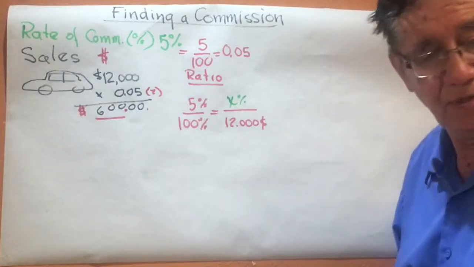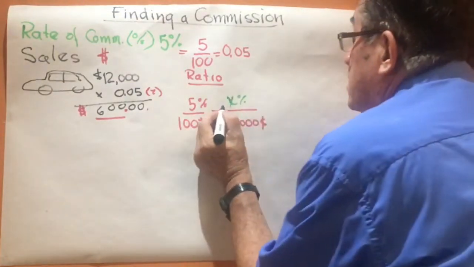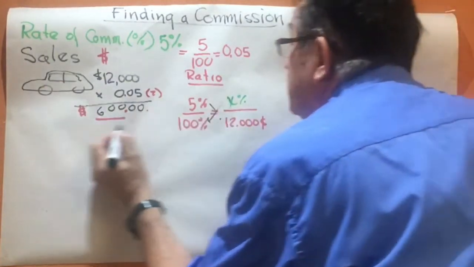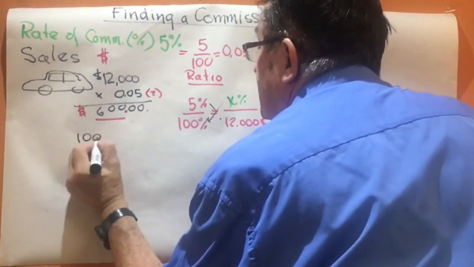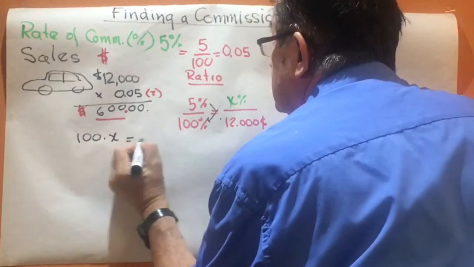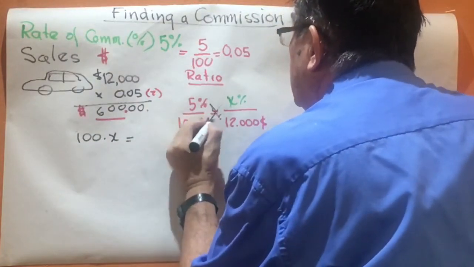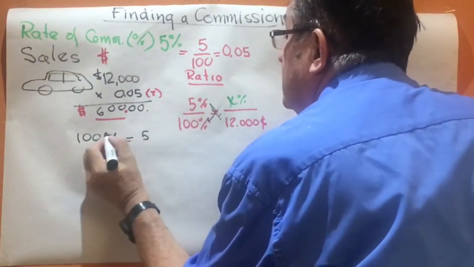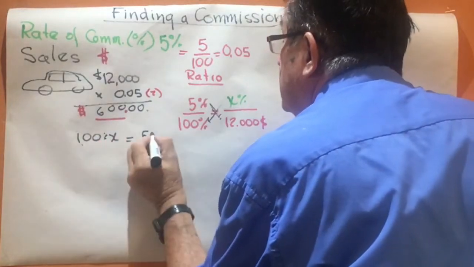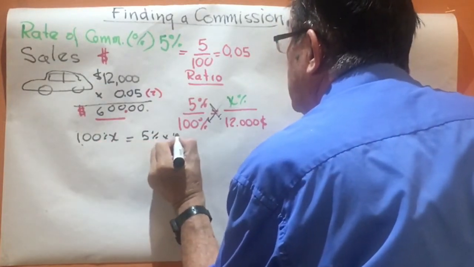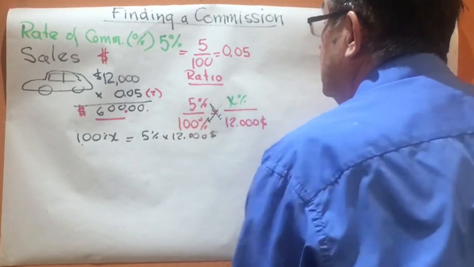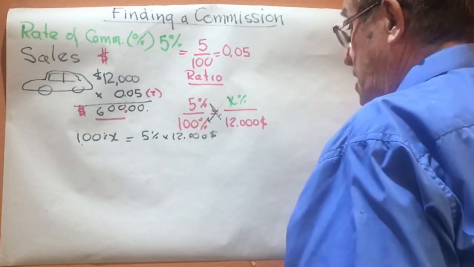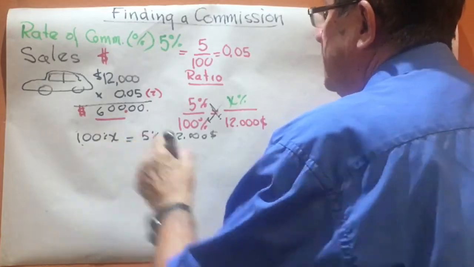Well, what I have to do is cross multiplication. So we do it. 100 times x is going to be equal to 5% times $12,000. And well, I have to find the unknown.